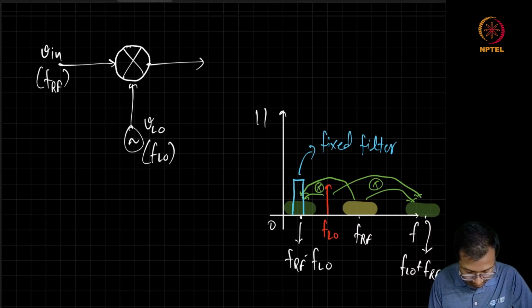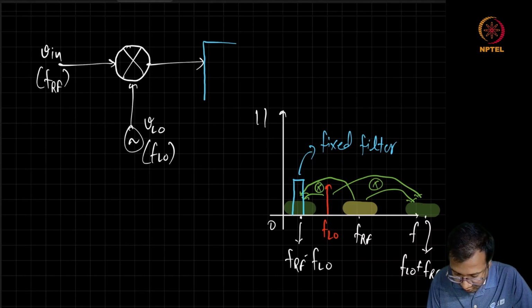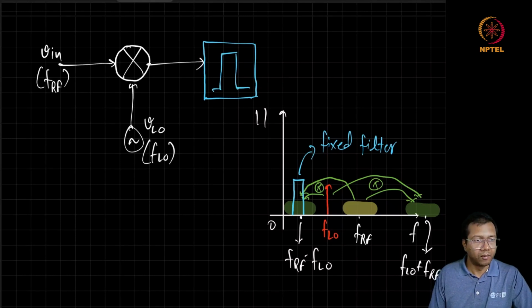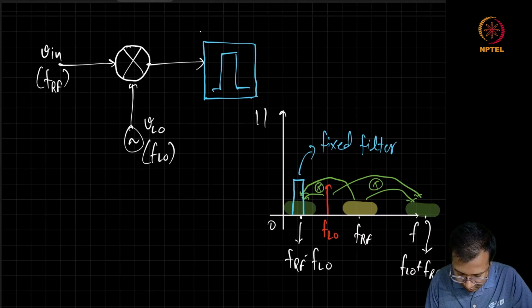So the next block, at the output of this mixer, is again a band pass filter which is going to select the required channel. This is our channel select filter.